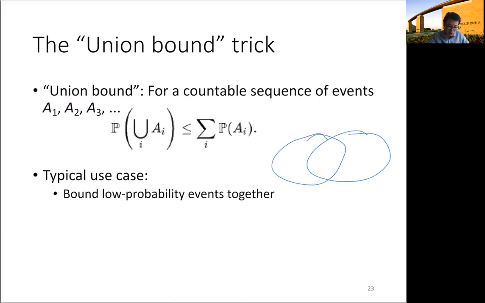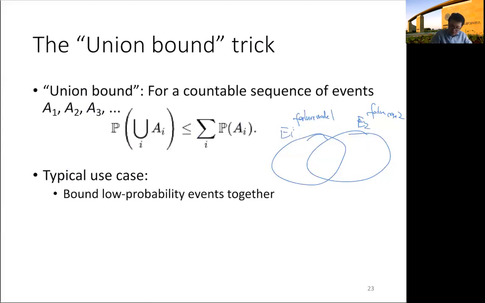Suppose there are two events. Let's say this is event 1 and this is event 2, and they possibly intersect. Event 1 is an unlucky situation, failure mode 1, and this is failure case 2. Both of them are bad events, and luckily they happen with small probabilities.